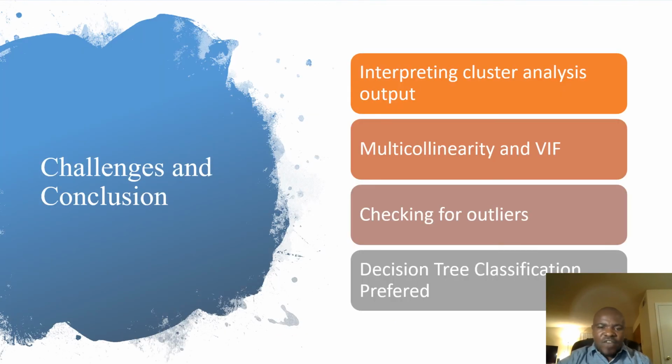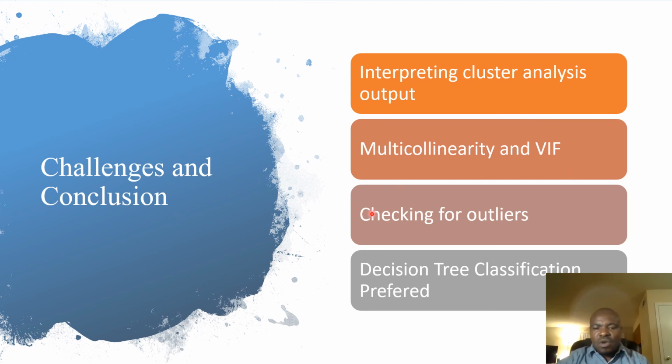Finally, the challenges that I had. One was interpreting the cluster analysis output. I had an issue there, especially when I was including several variables. Then I had an issue with checking for multicollinearity and variance inflation factors.